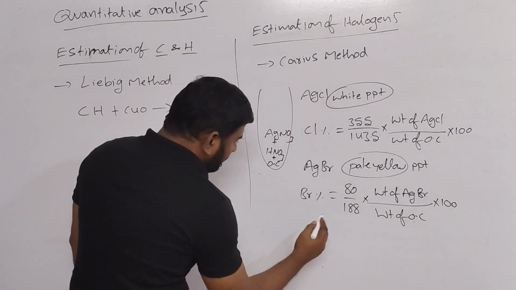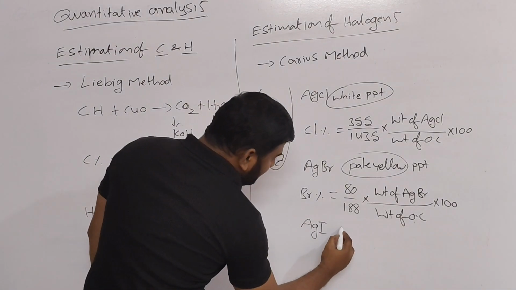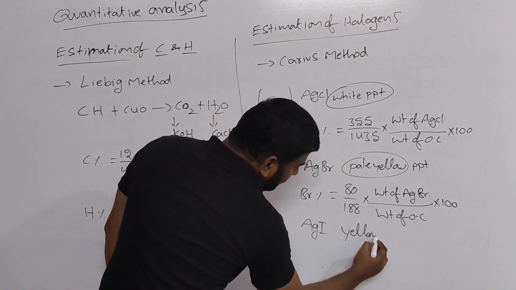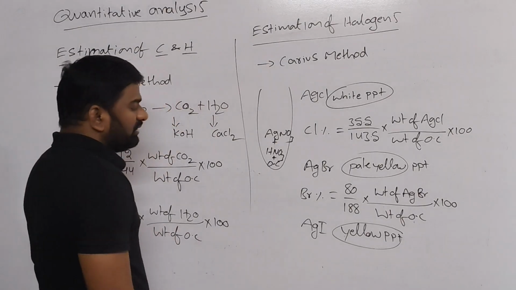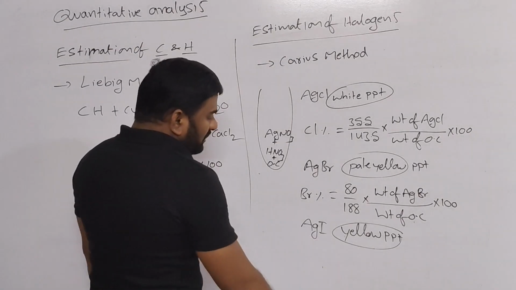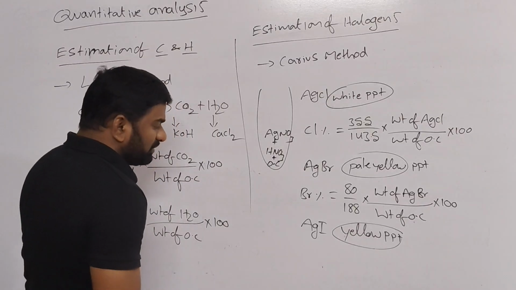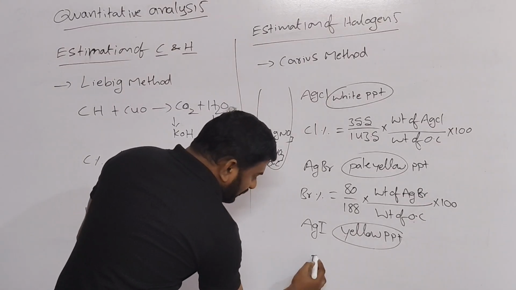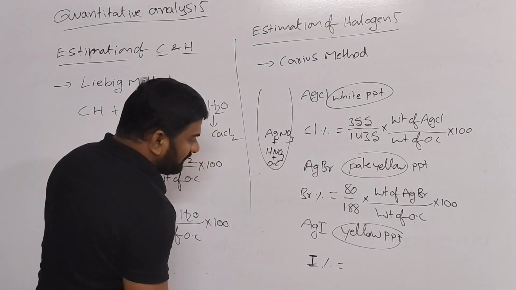Next one, if iodine is present, what will we get? AgI. AgI is a clear yellow precipitate, which means iodine is present. Once the AgI weight is calculated, we can calculate the percentage of iodine.